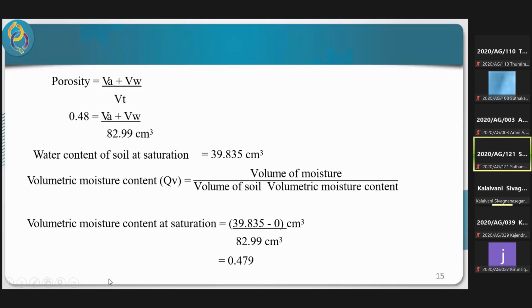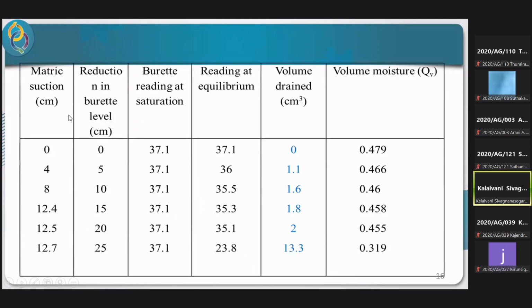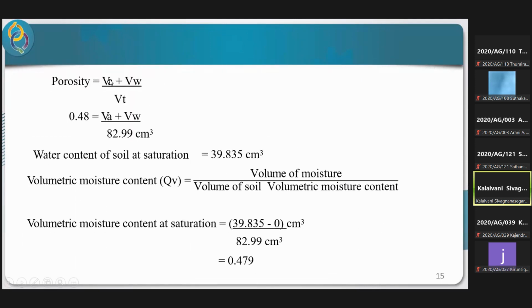So you can find out the water content using this porosity data at saturation. So you already know in the saturation condition, all the soil pores will fill with the water. So that means this volume of air plus volume of water are all volume of water.